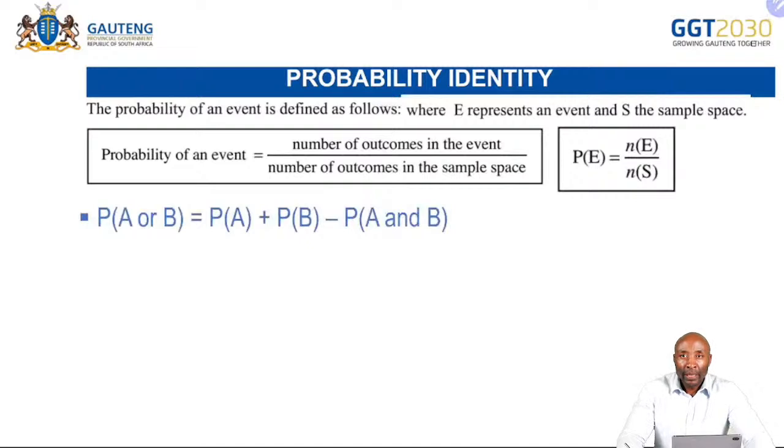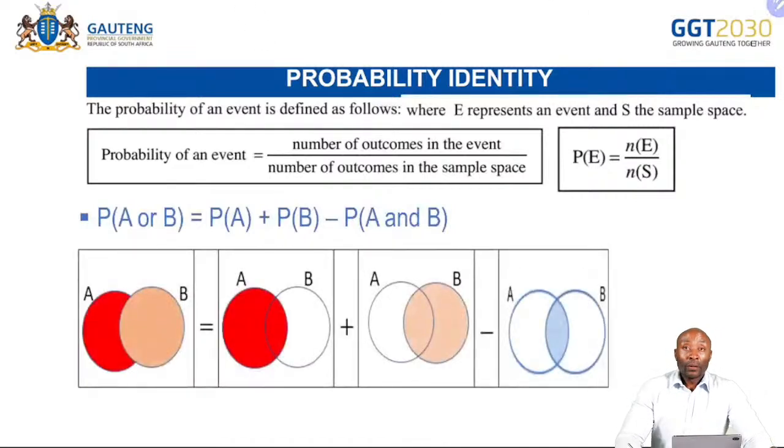And normally when there is an "and", we multiply, and when we have an "or", in most cases, we are going to add our probabilities. Moving along, this is illustrated using our Venn diagrams, where the probability of A is given in one color and the probability of B in a different color.